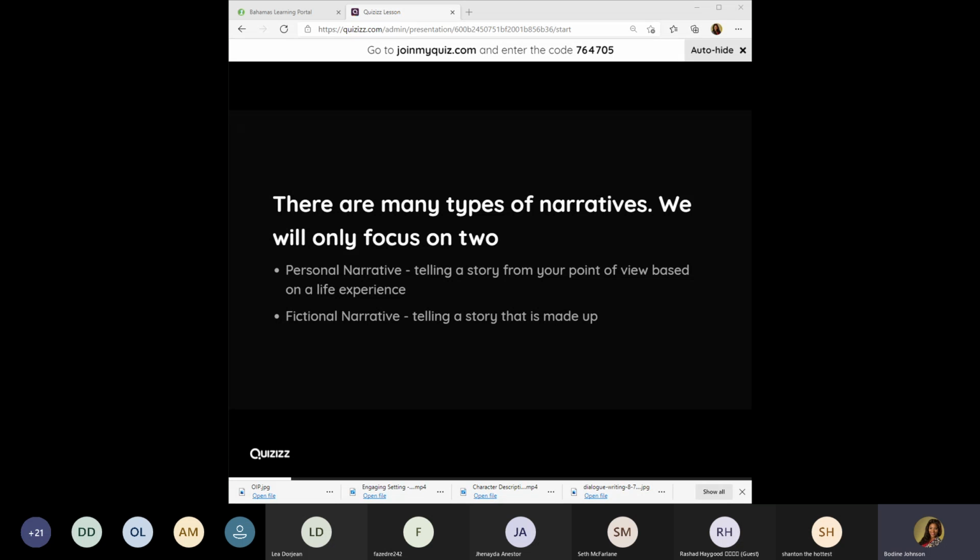Now, you can make up a fictional narrative that also sounds personal, but for the purposes of our lesson, we are going to treat personal narratives as though they are real life experiences and fictional narratives as though they are things that are strange and that very rarely happen.